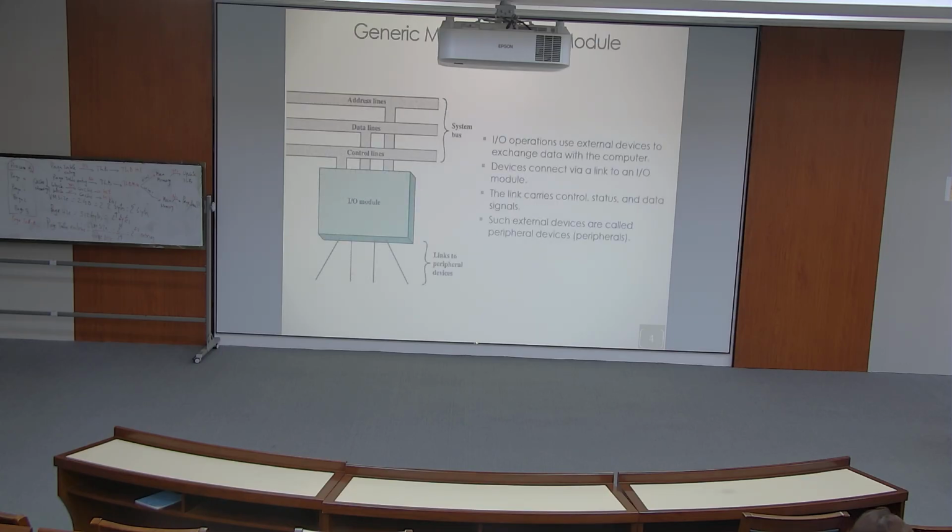Now, here we have a picture which depicts the generic model of the input-output module. Input-output operations need to use external devices to exchange data with the computer. The devices are connected via the input-output module, so we have this input-output module to connect all the devices.